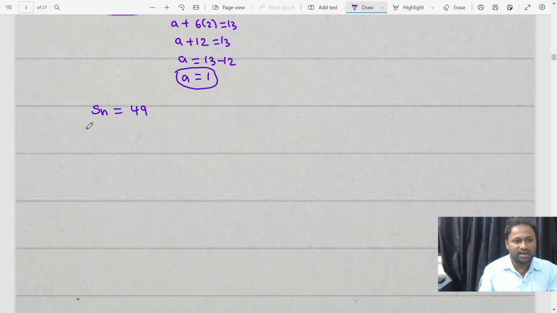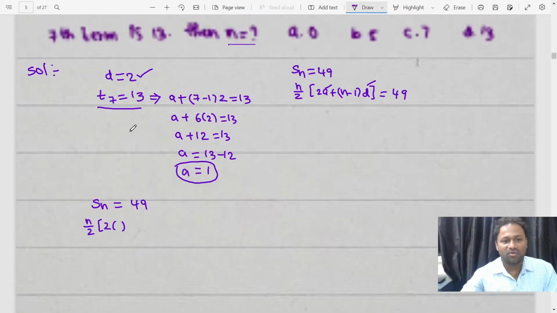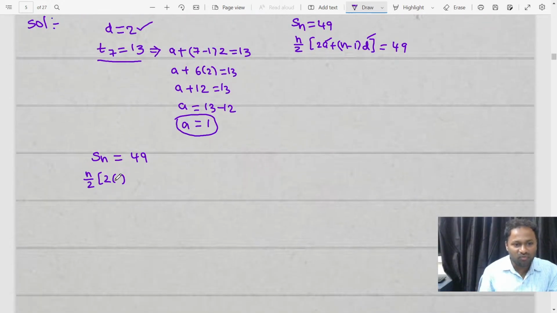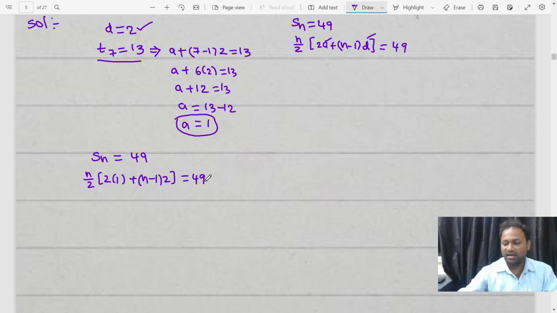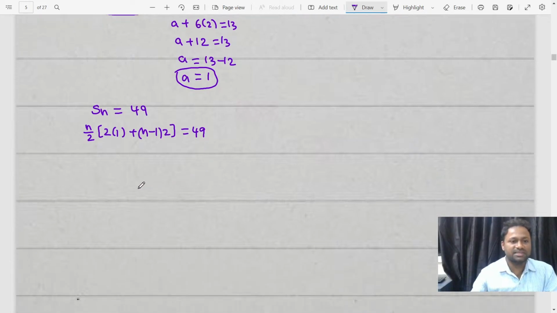I will write the formula n by 2 into (2a plus (n minus 1) into D). What is A? You have the A value 1. D means you have 2. Into D is equal to 49, right? So we need to simplify this. How to simplify? See, step by step.